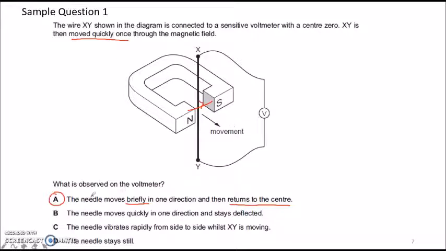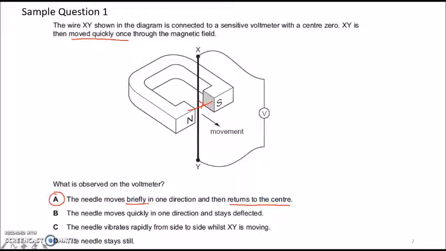Okay, let us look at B. The needle moves quickly in one direction and stays deflected, which is wrong, because whenever the voltmeter has a reading, it means the conductor is cutting the magnetic field.